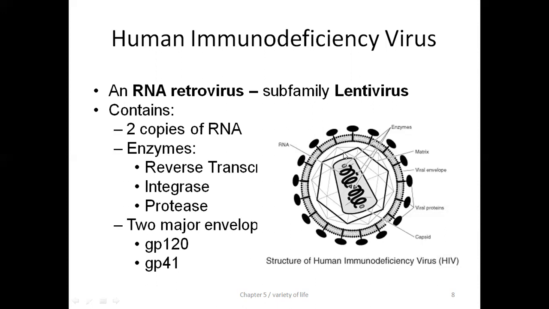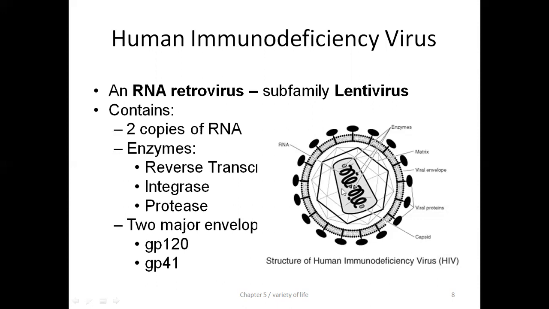Inside the HIV virus, when we go inside, we see this protein core, which is made up of various protein blocks called capsomeres. Inside the core, we have the RNA molecules. These are the RNA strands.